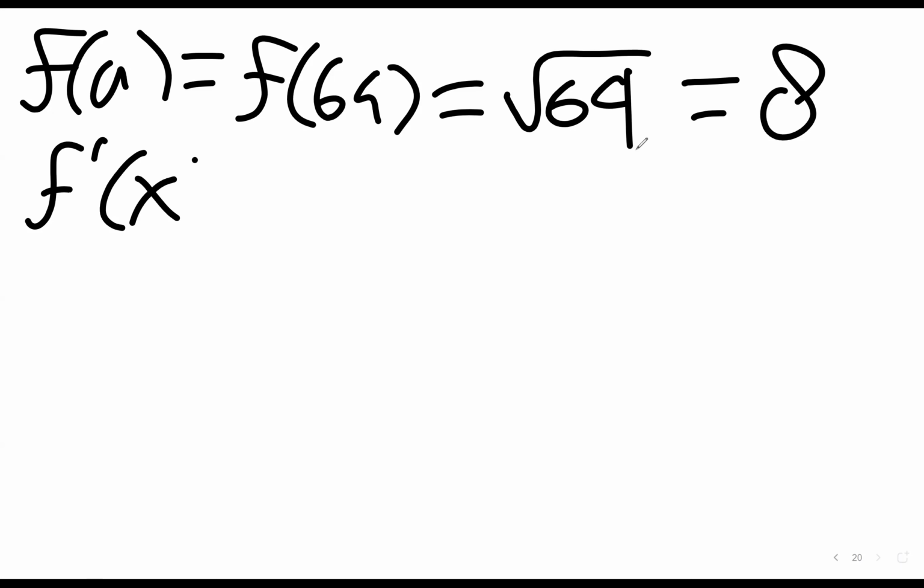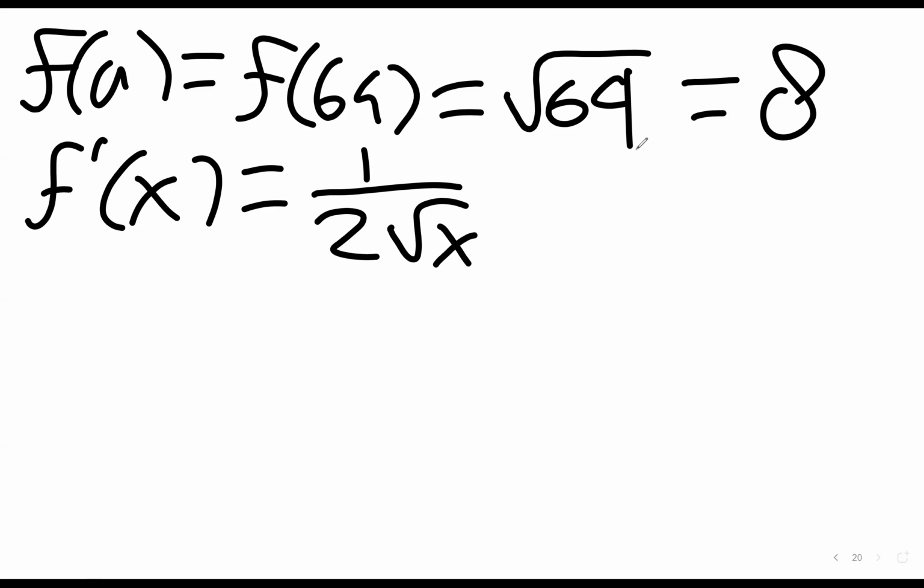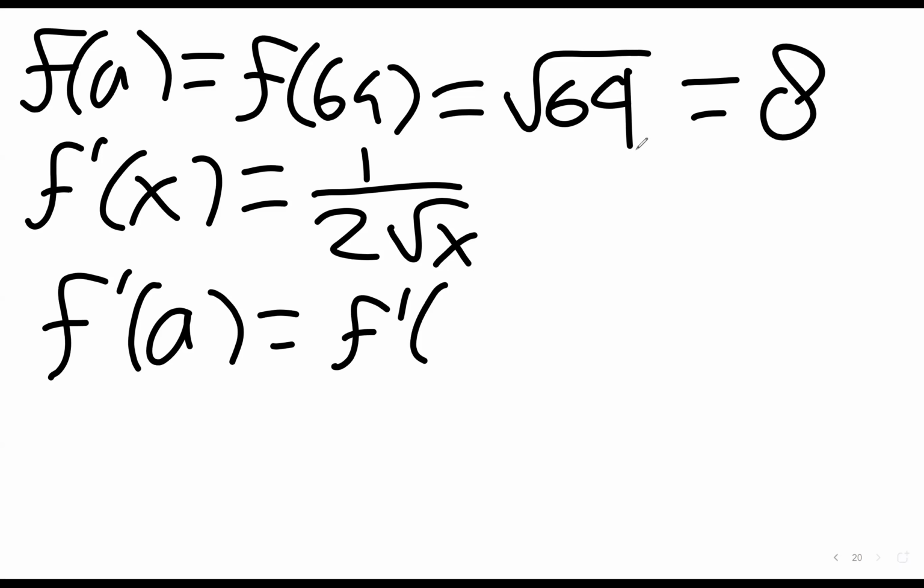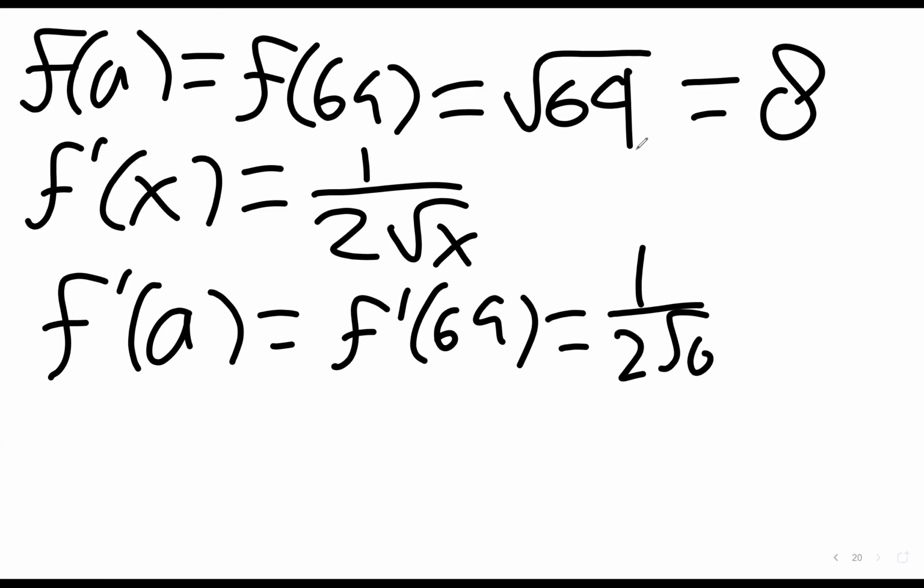So f prime evaluated at 64 is simply 1 over 2 square root of 64, and square root of 64 once again is 8. So this one is 1 over 16.